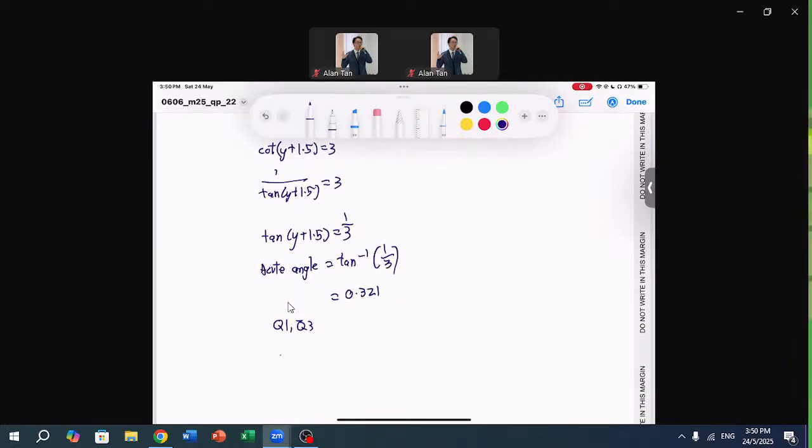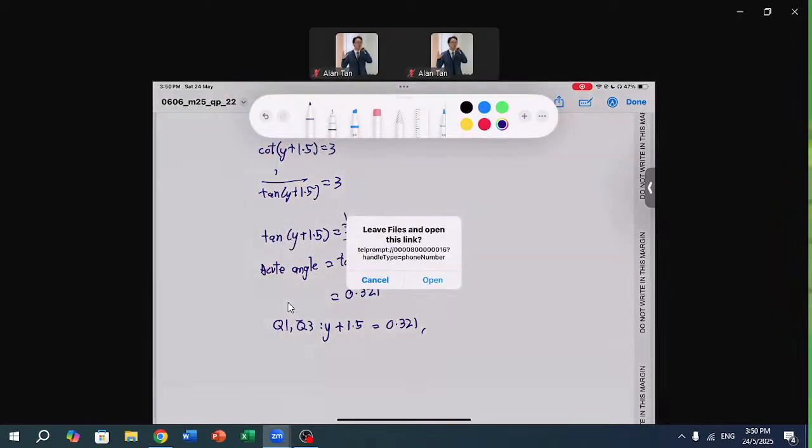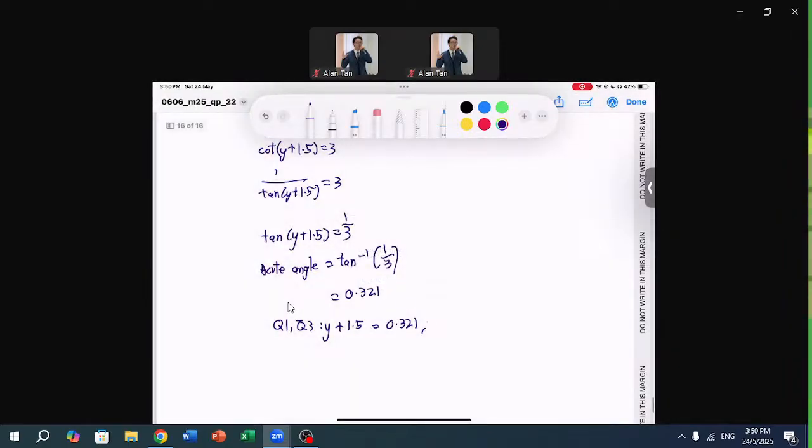So, y plus 1.5. I'm still going to put 0.321 for reference. And then this is going to be pi plus 0.321, and then 2 pi plus 0.321.